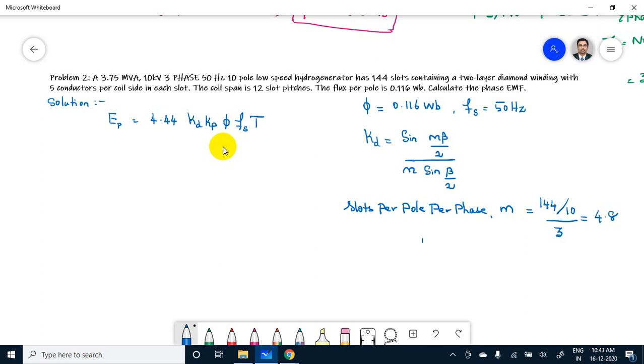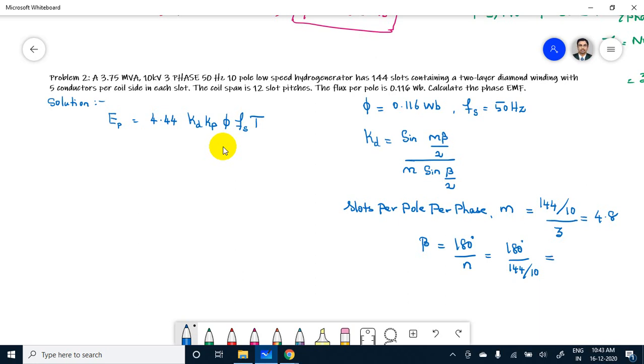Now calculate beta. Beta equal to 180 degree divided by n. This n is nothing but number of slots per pole. So number of slots is 144 divided by number of poles is 10.